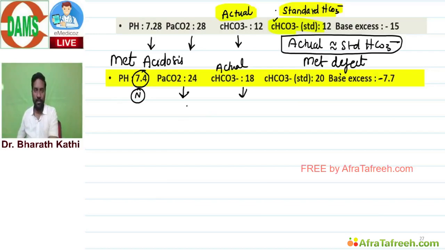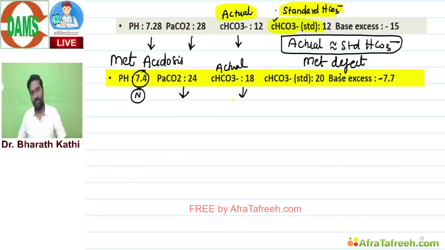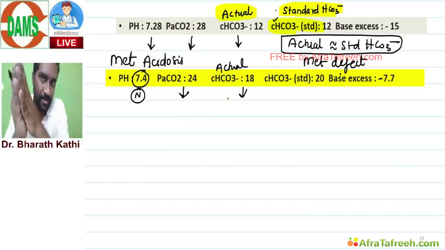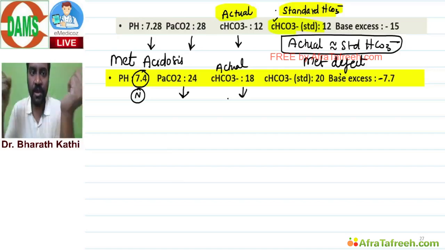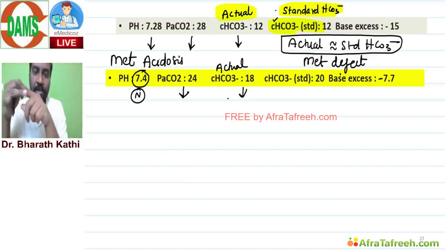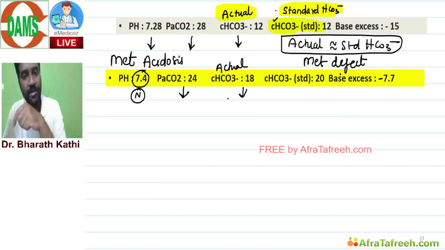The pH is normal, but the CO2 value is decreased and bicarbonate is decreased, so this is showing some acid base disorder. So when will ABG become normal? Either there are normal parameters or there are two mutually opposite disorders. So the patient might be having a metabolic acidosis with respiratory alkalosis, or a respiratory acidosis with metabolic alkalosis.